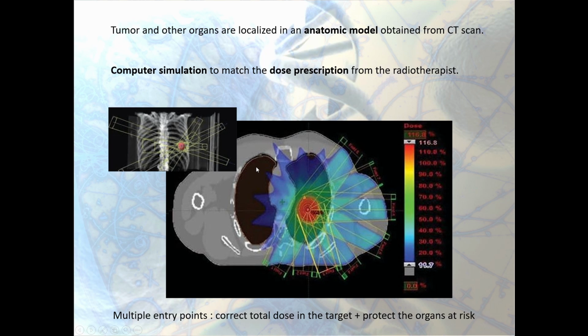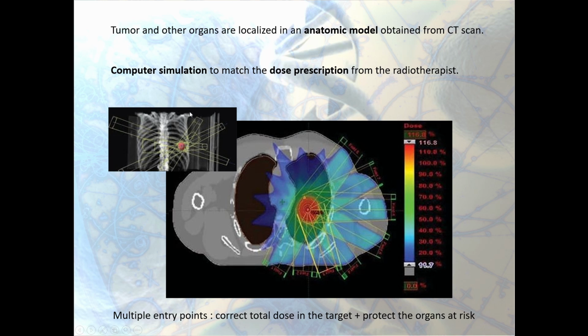First, you don't blindly irradiate a patient. You need first to localize the tumor and the other organs in an anatomic model you will build from a CT scan. So you've got a CT scan from your patient, and you are able to localize the tumor and other organs surrounding the targeted tumor.